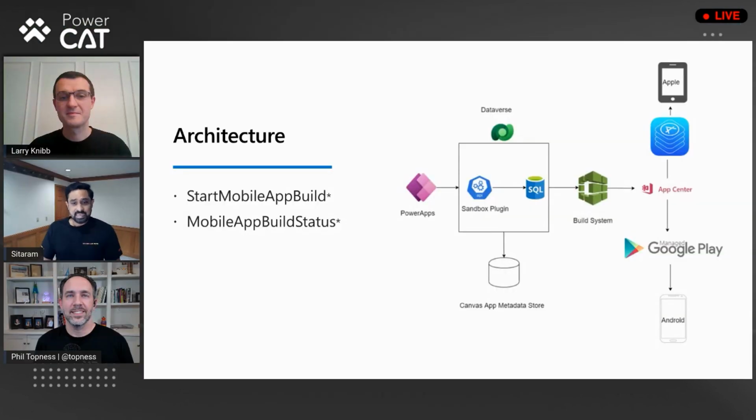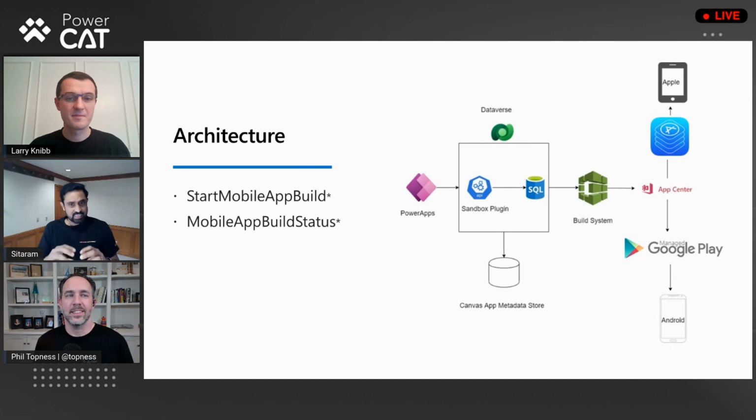So that's pretty amazing. What does a maker need to do to actually create one of these apps? Maker has to do 3 things. 1, upload their assets. 2, trigger the build. And 3, download their app and distribute it. If you see the architecture, we use Dataverse for storing the assets and triggering the build. And we use App Center for getting your app, which is an IPA file or APK file.